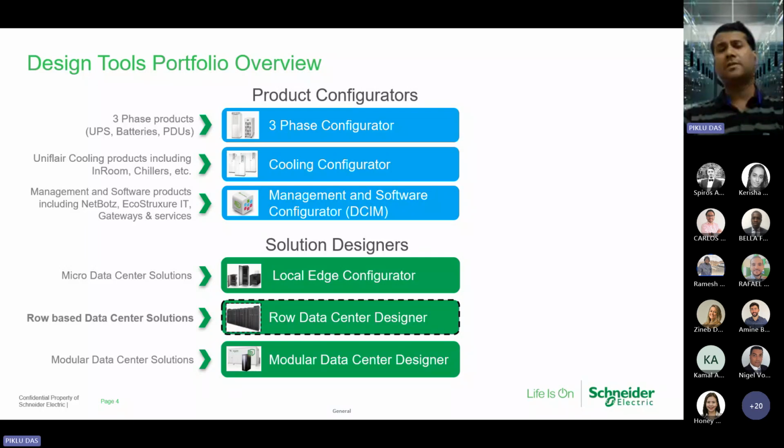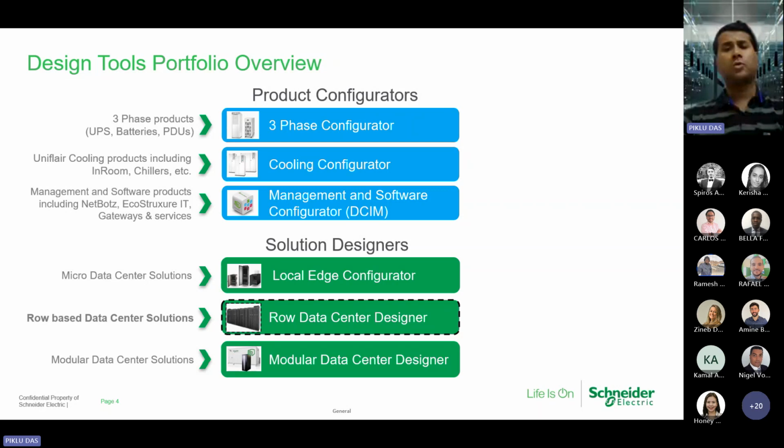On the solution designers, we have the localist configurator, which is catering to your edge kind of data center requirement, like the micro data center solutions or the single rack kind of design. Then we have this row data center designer, which has completely migrated or replaced the ISEC designer. And the good thing is that over the last 2 quarters we have migrated all the users from worldwide to our row data center designer from ISEC designer, right?